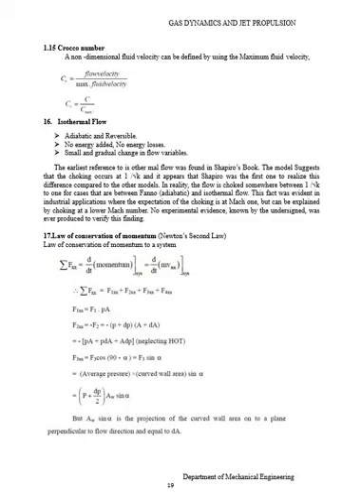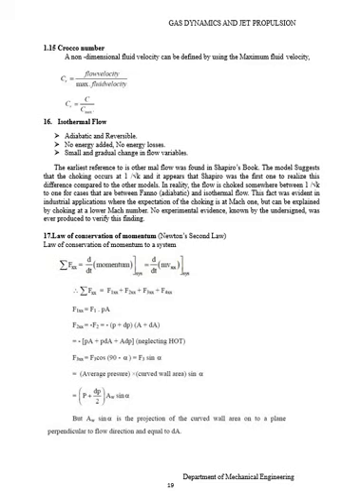The earliest reference to this Fanno-type flow model was found in Shapiro's book. The model suggests that the choking occurs at 1 divided by root k, and it appears that Shapiro was the first one to realize this difference compared to other models.